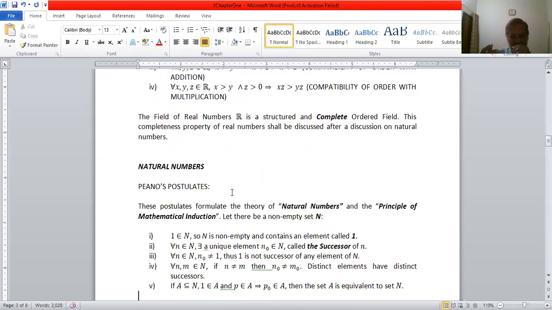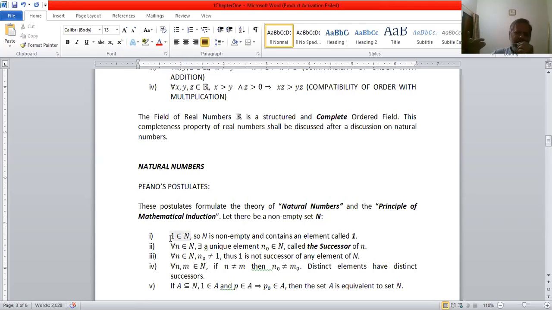These postulates, in fact, define or describe the properties that the set of natural numbers possess. And it is not only the set of natural numbers that possess these properties, there are other sets that also possess these properties. क्या property भाई?